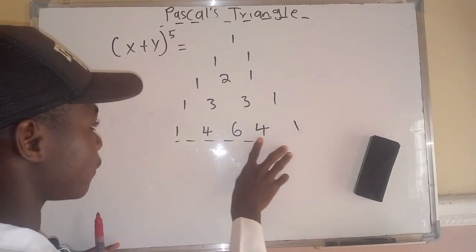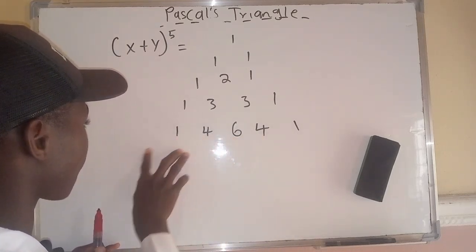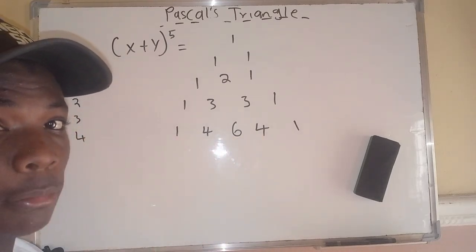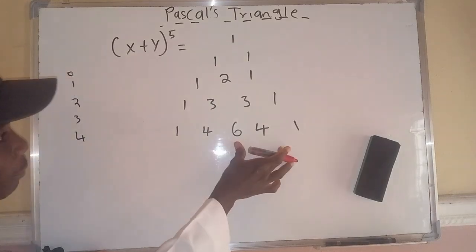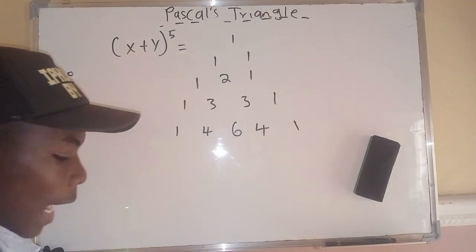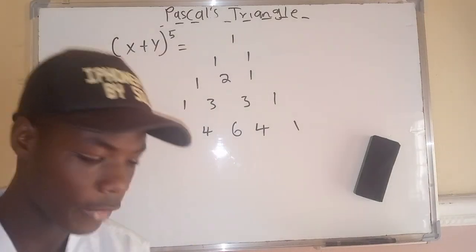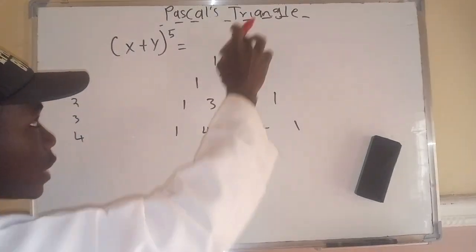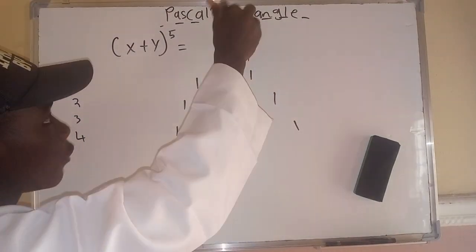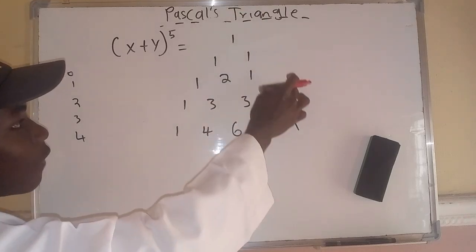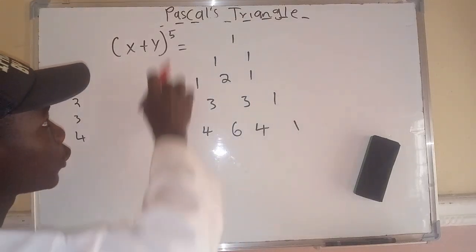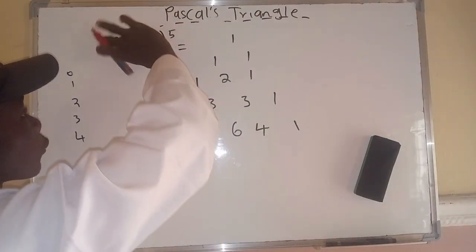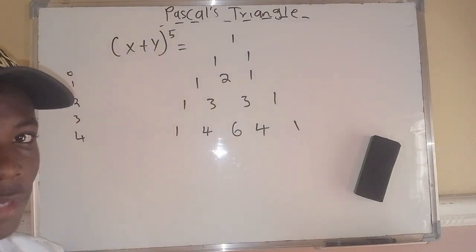Let's see for the number 6, because here is for the number of 5. You have to start calculating from 0, the power of 0, 1, 2. So you count 1, 2, 3, 4, 5, and you will use these numbers in order to solve this question.